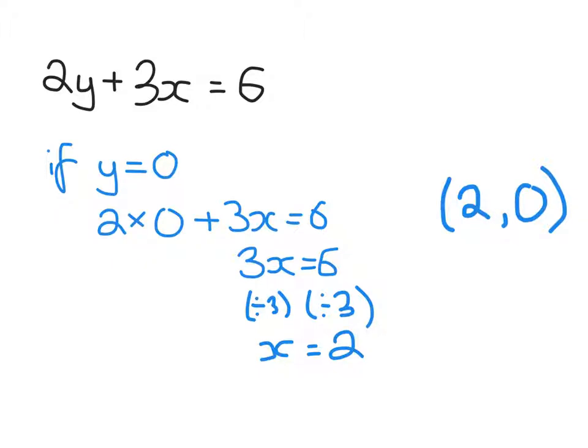We only ever need 2 points to plot a straight line, and we can go to our Cartesian plane, use those 2 points, and plot the straight line graph for the equation 2y plus 3x equals 6.